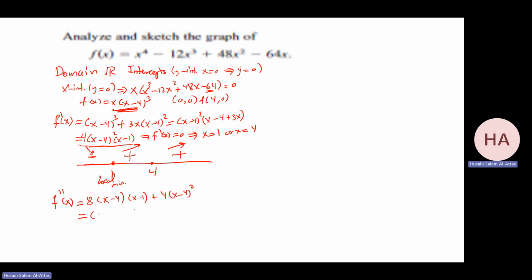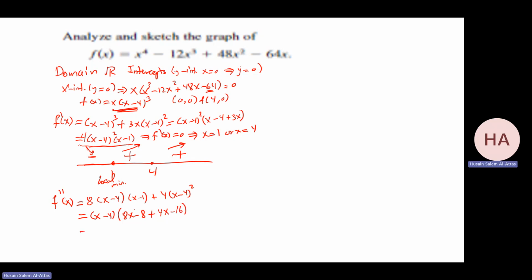In other words, this is x minus 4 times 8x minus 8 plus 4x minus 16.